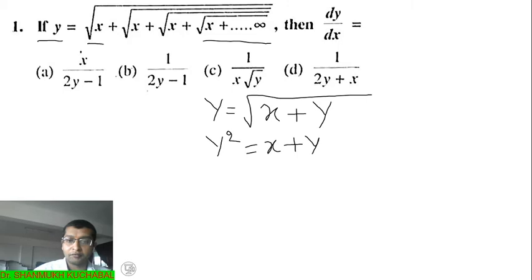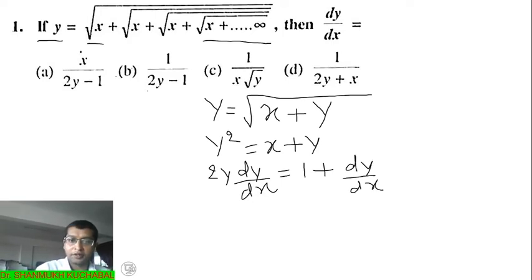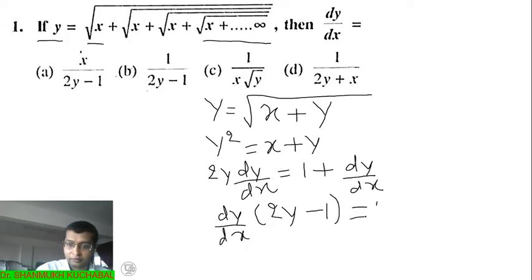Further we have to differentiate this one. y square differentiation is 2y dy by dx, x differentiation is 1, and y differentiation is dy by dx. Further we take dy by dx common, so we get 2y as it is, minus 1 if you transpose it to the LHS, equal to 1.